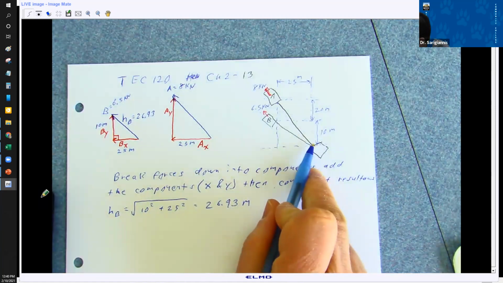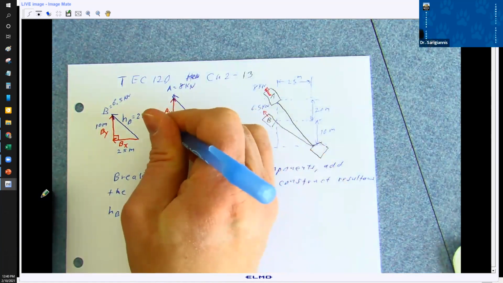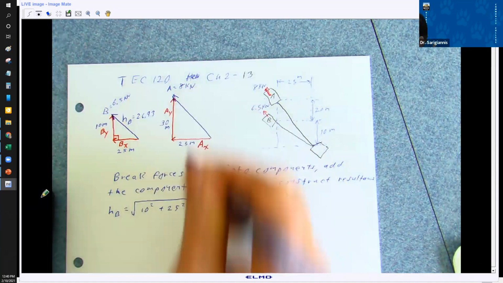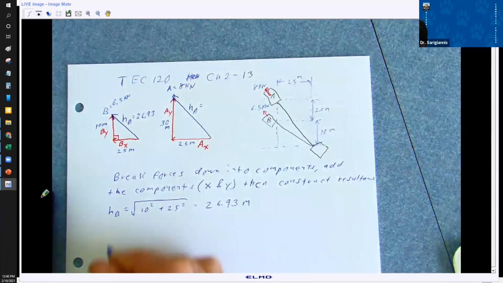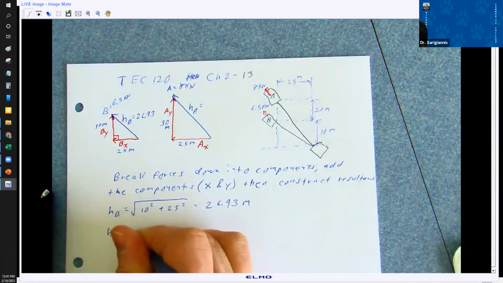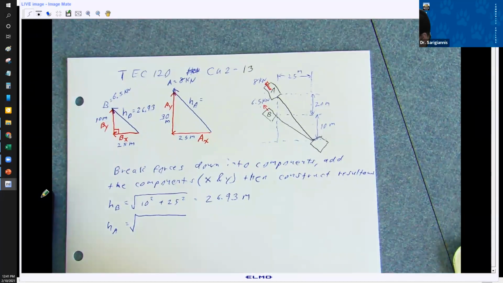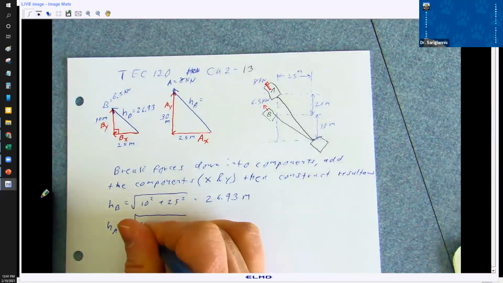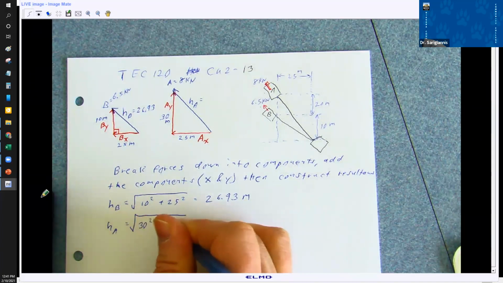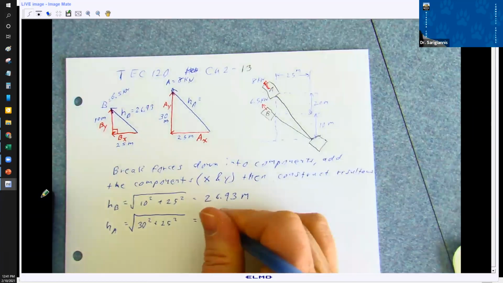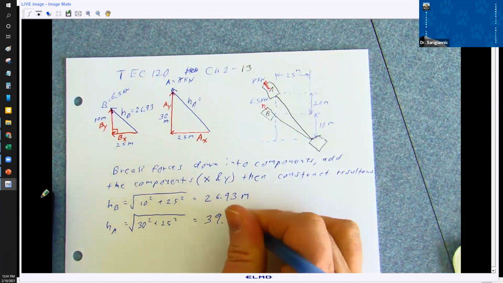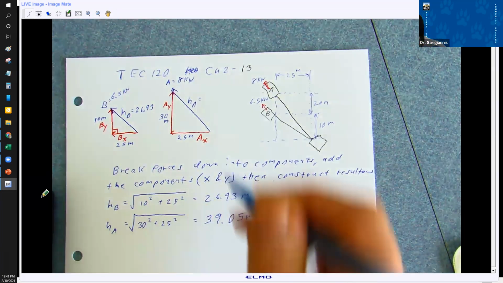The vertical height is 30 meters, right? So my hypotenuse of A is going to be the square root of the sum of the squares. I've got 30 squared plus 25 squared. This is going to give me 39.05 meters.